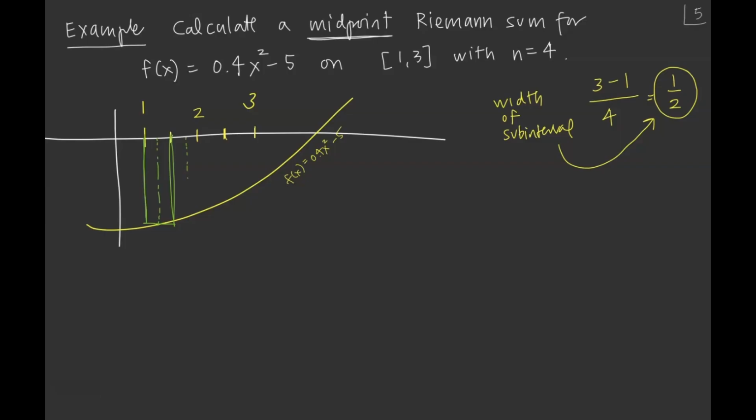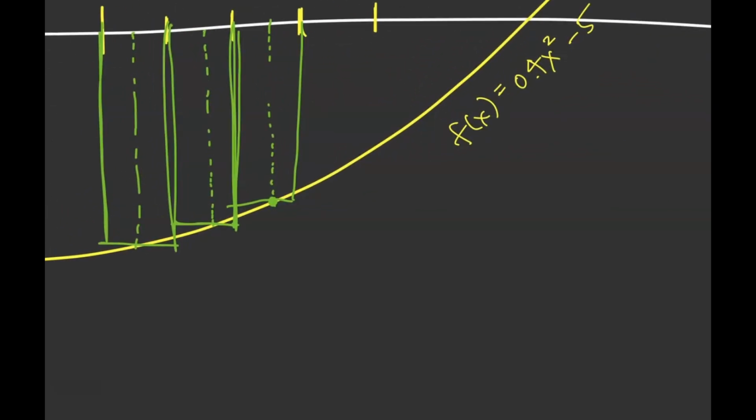Then we'll go to the midpoint between 1.5 and 2, which is 1.75, and we'll evaluate the function there and use that as the height of our next rectangle. Then we'll go to 2.25, and where it hits the graph is the height of the next rectangle. And then at 2.75 we evaluate the function for the height of our next rectangle.